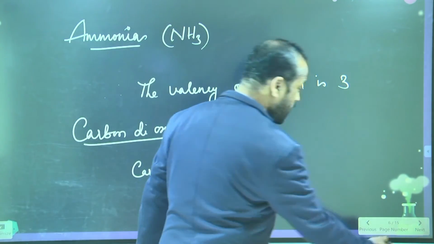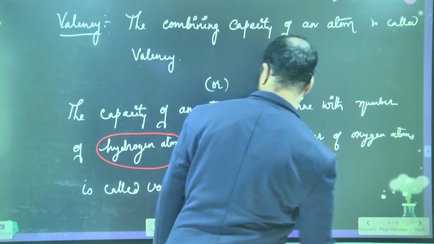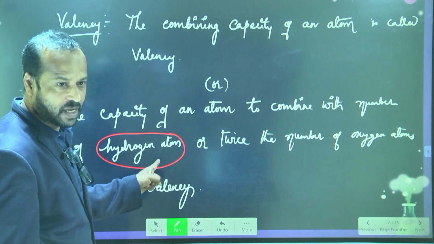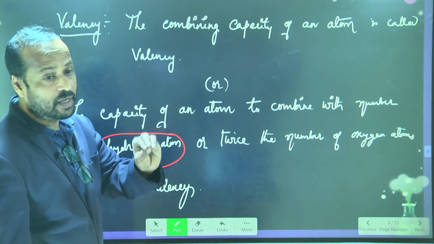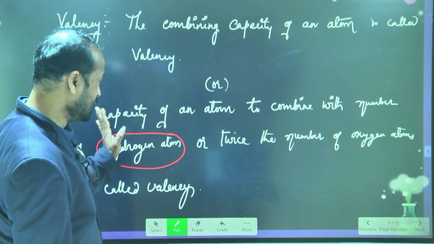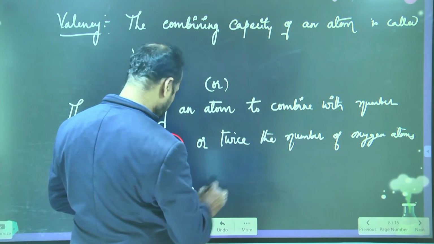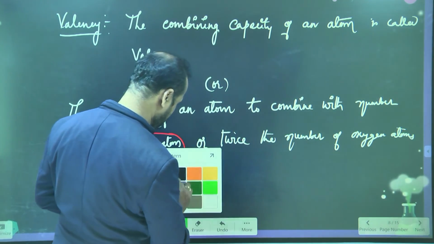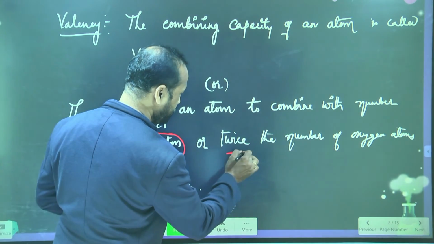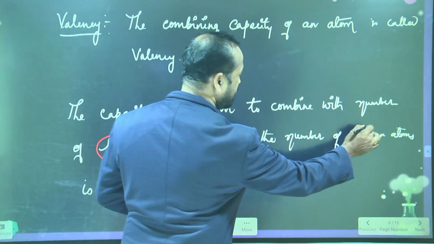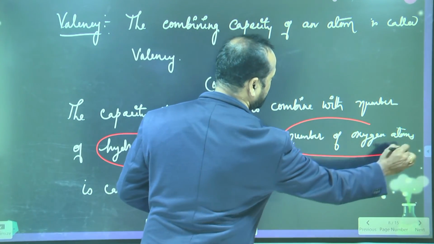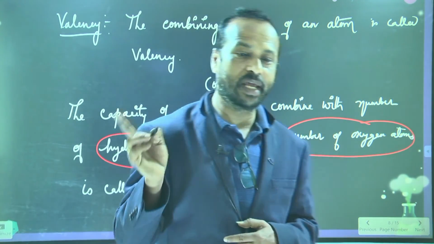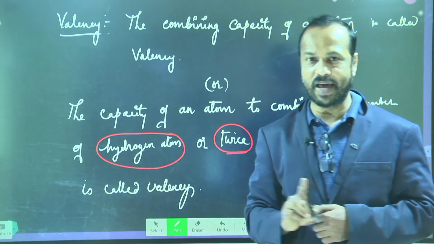But I gave the definition here. The capacity of an atom to combine with the number of hydrogen atoms: how many hydrogens it is combining with, that is the valency. But if it is combining with oxygen, then you have to take twice the number of oxygen atoms. If it is combining with 1 oxygen, you take 1 into 2, so 2 is the valency.